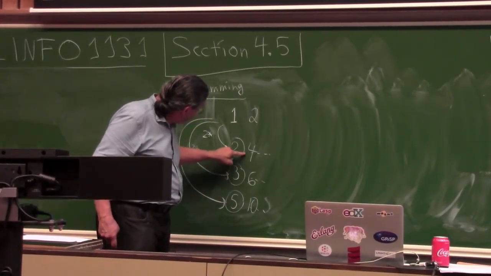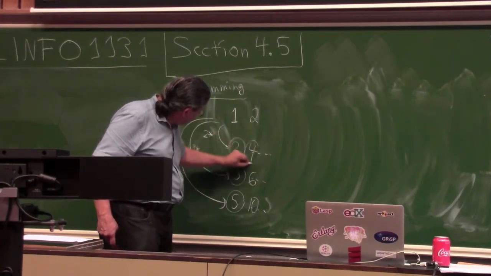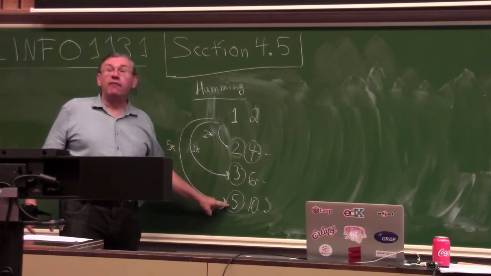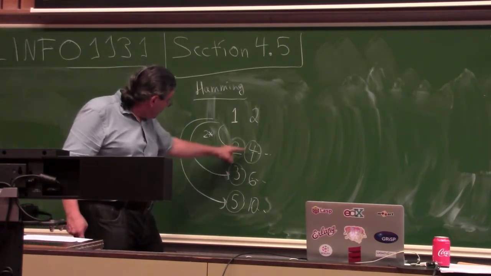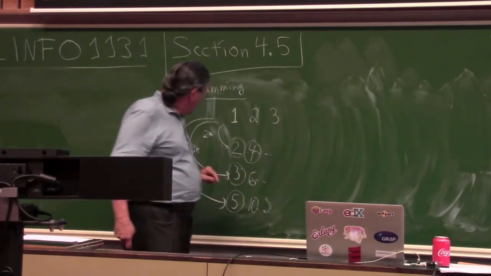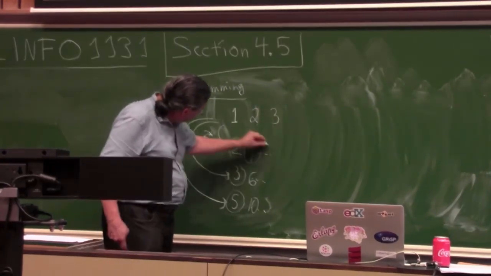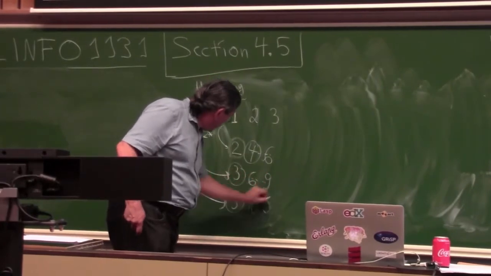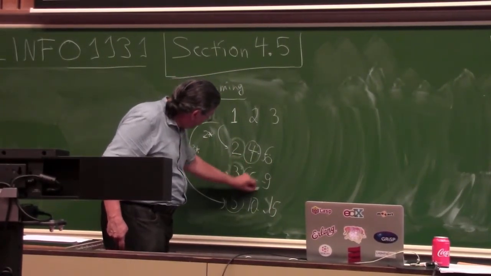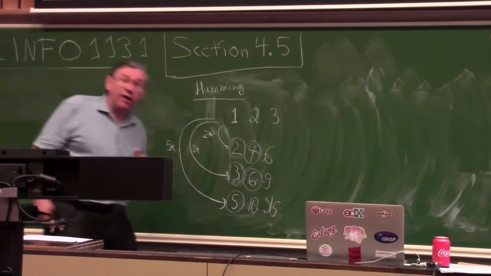And the 2 here, I've already used the 2, so I advance to the 4. So now I have 4, 3, 5. So I take the minimum of these 3 numbers, which is 3, and then I update these sequences, 6, 9, 15, and the 3 now advances by 1. Now I have 4, 6, 5.